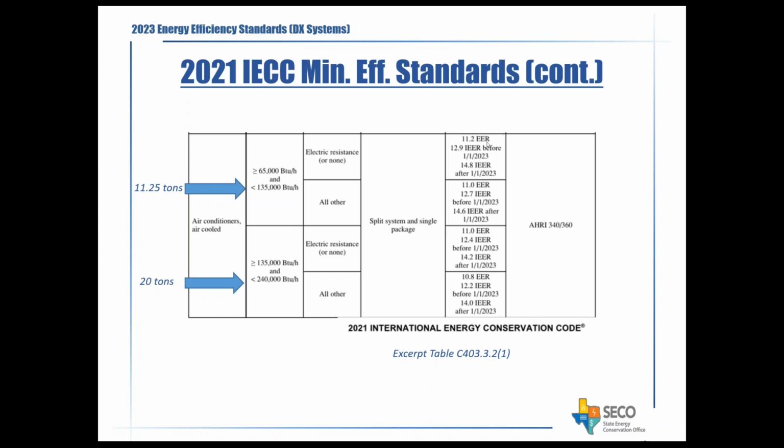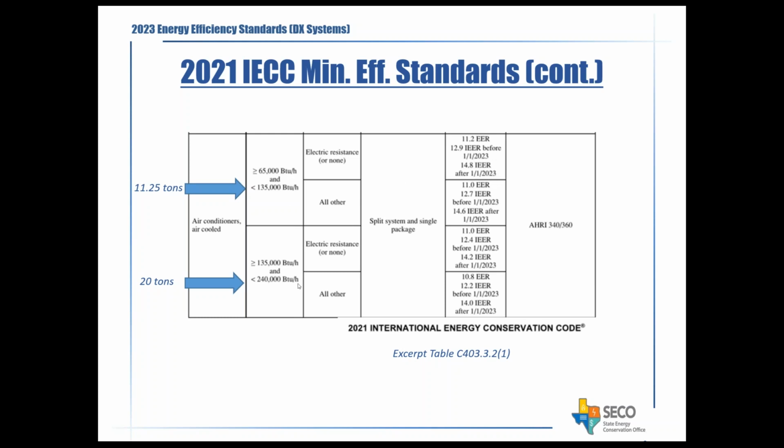They have EER, and then they have IEER if the unit is going to be installed after January 1st, 2023. So you see there used to be the EER rating, but they have raised that with the IEER rating, and that's the minimum rating you need to have.